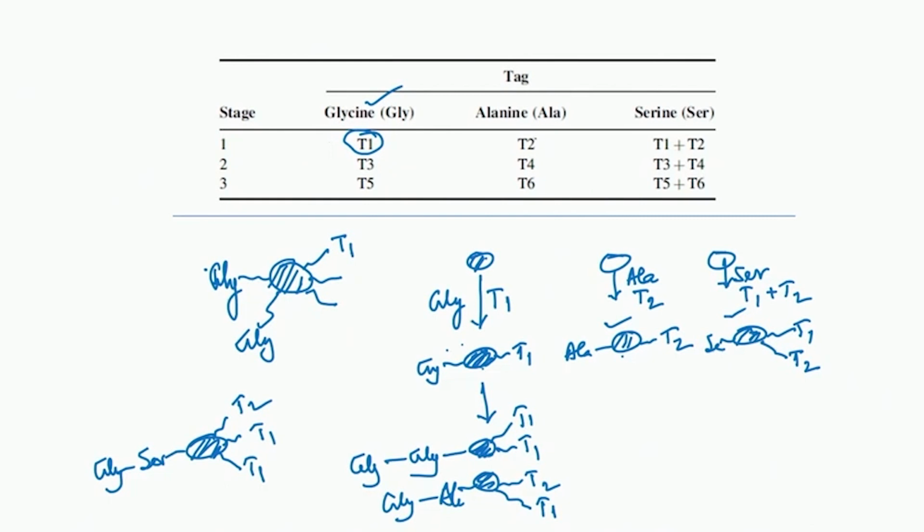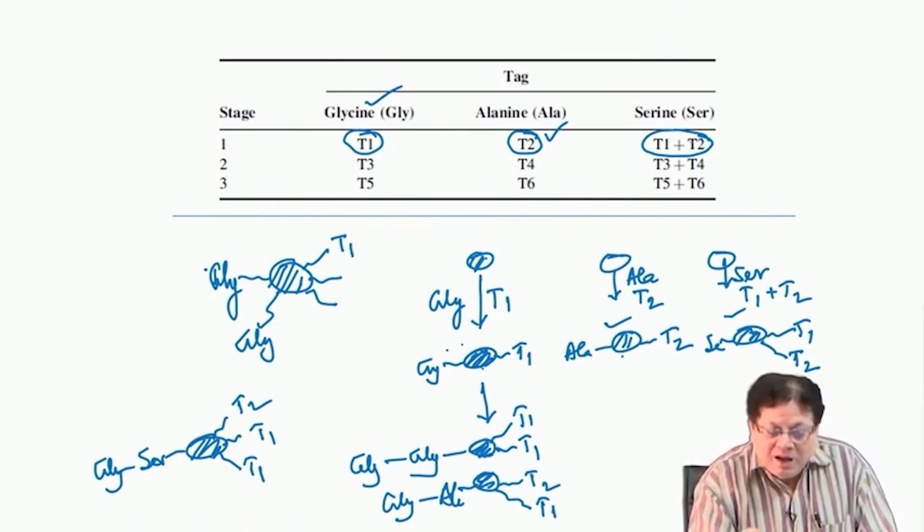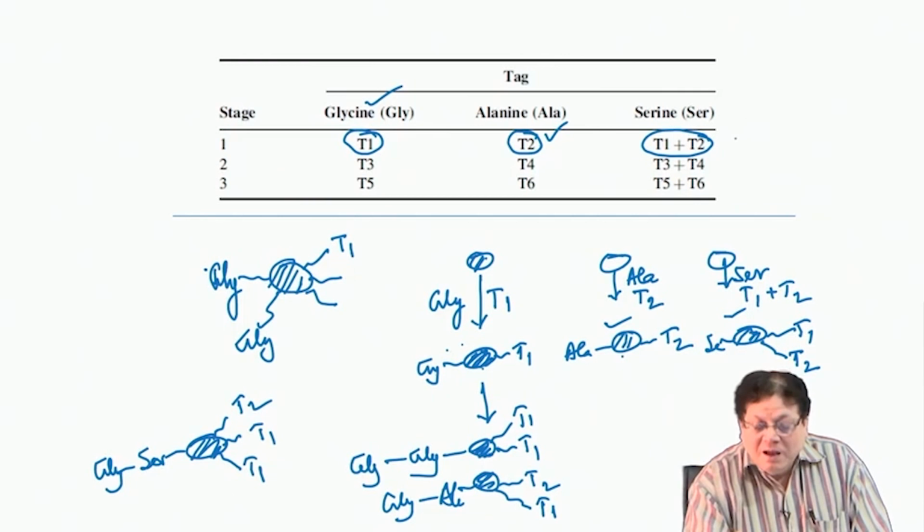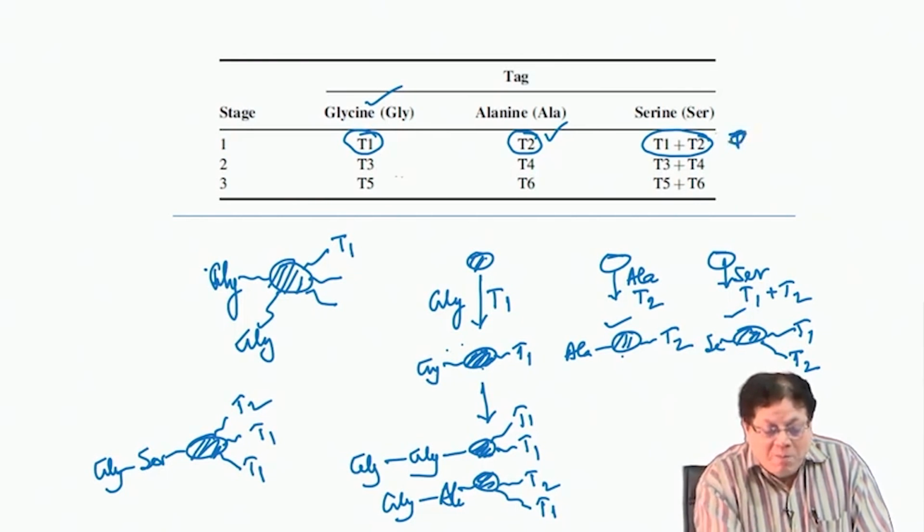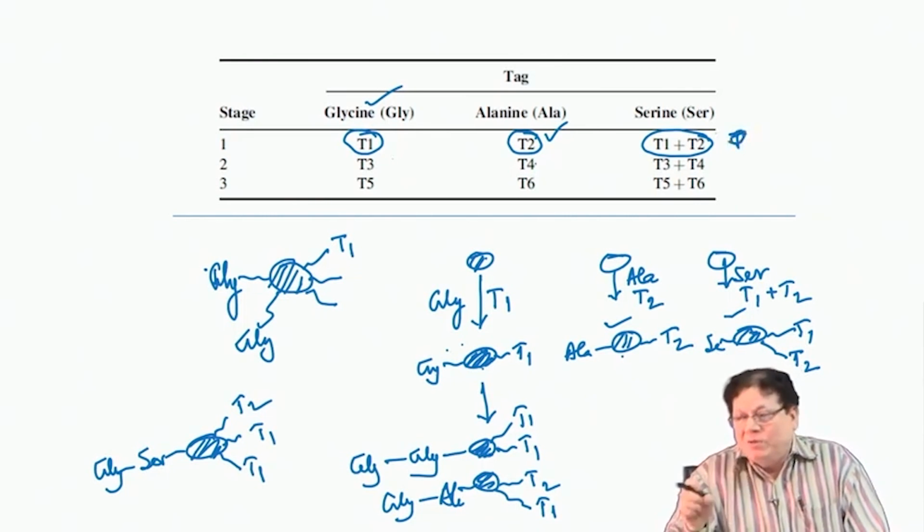If I see that there is T2 coming out as demonstrated by the HPLC, then I know that the bead is attached to alanine. If I see that both T1 and T2 are coming out, then I know that it is serine. Okay. So, basically this process allows you to combine T1, T2 and T1 plus T2.